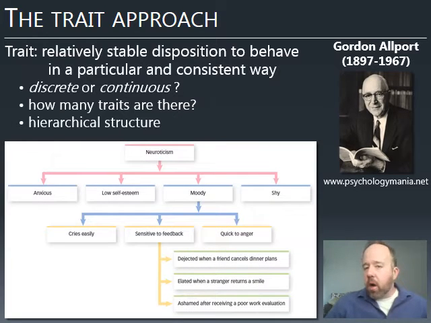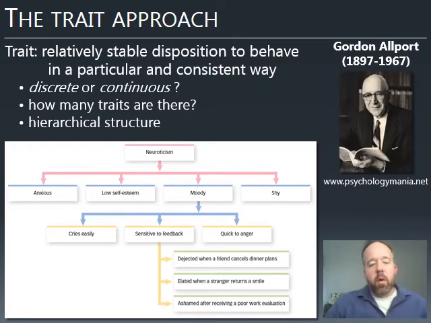And the trait-based approach often uses a hierarchical structure. So we can see in this diagram from your book that these descriptions are placed in a hierarchy. So at the top, we have the broadest version of the description, neuroticism. And then within that, we can see this has components like anxious, having low self-esteem, being moody, being shy, and we'll get more to neuroticism here soon.